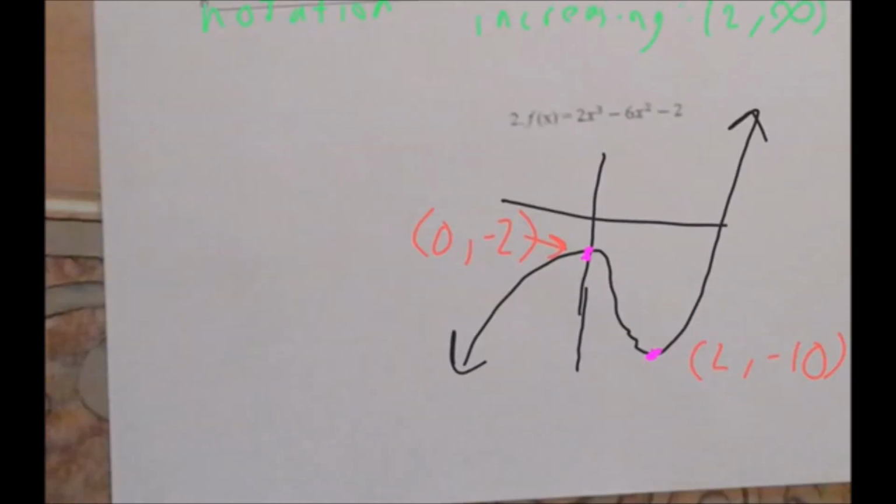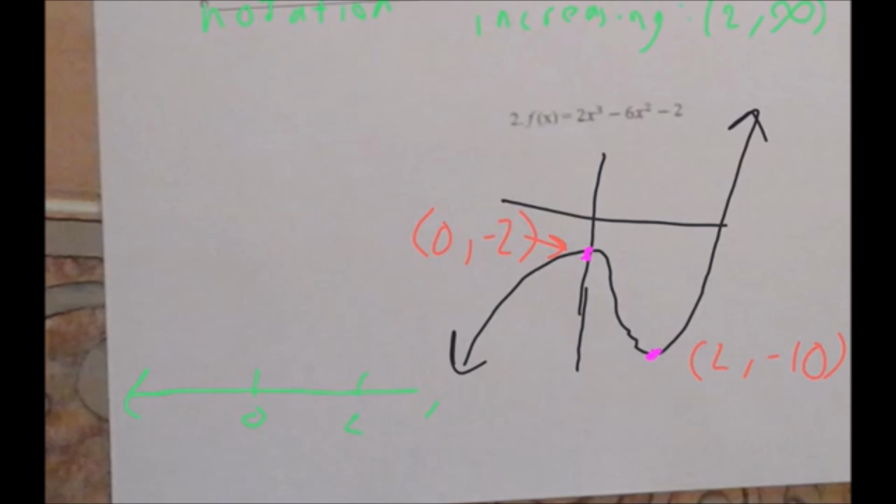Okay, so our third step was to draw a number line. So I'll draw that over here. Okay, and remember, we're taking our x values of our minimums and maximums and putting them on the number line. So we have 0 and we have 2.